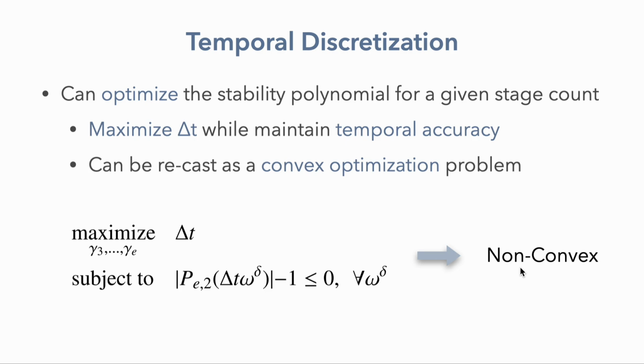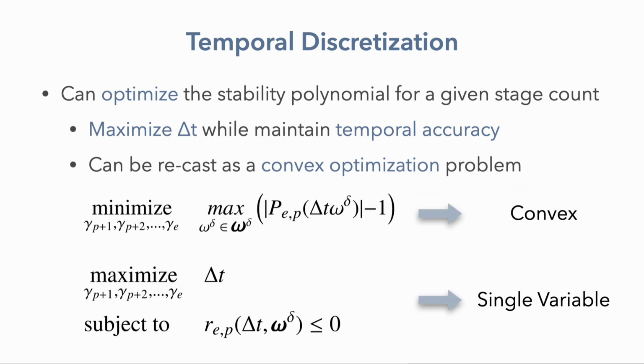Now it turns out this is non-convex, which means it's a challenging optimization problem. But from work from David Ketcheson's group, he's shown that this non-convex optimization can be split into two parts, a convex part and an optimization of a single variable, and both of these are somewhat trivial.